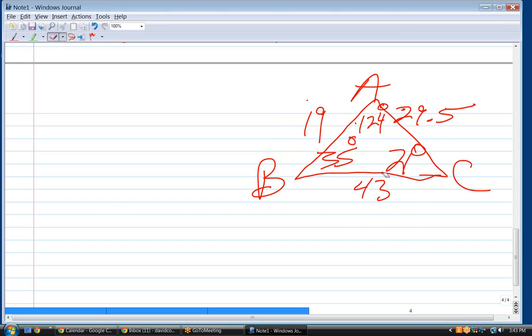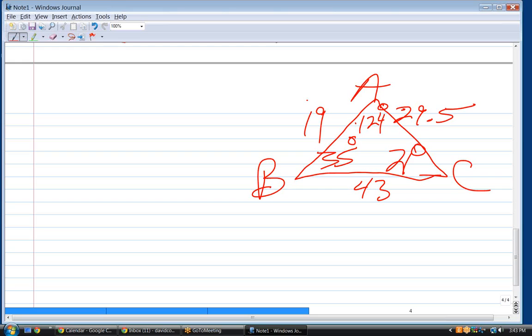Usually any gross errors that we've made will fail the initial test: the largest side has to be opposite the largest angle and the smallest opposite the smallest. So since this passes it, I'm going to go with it.